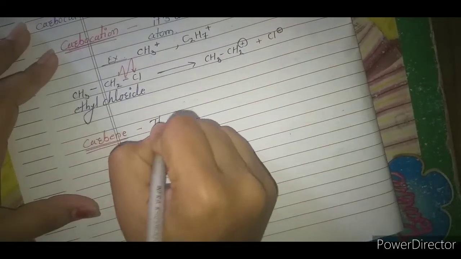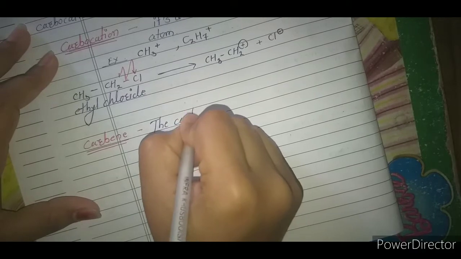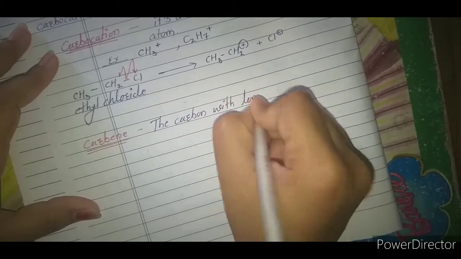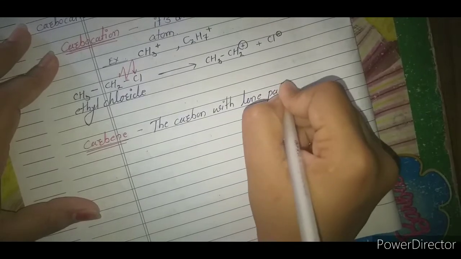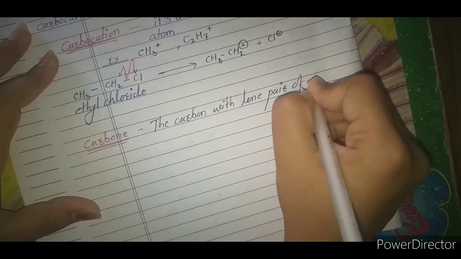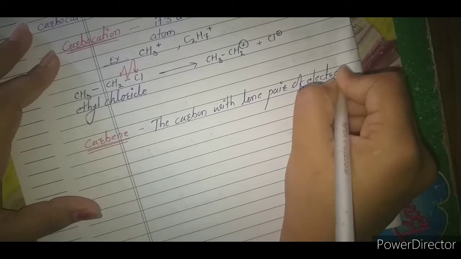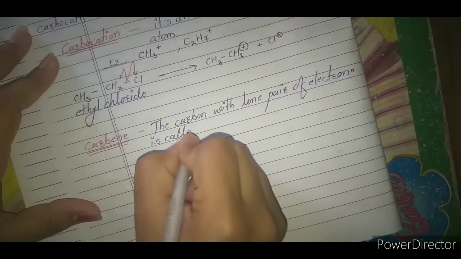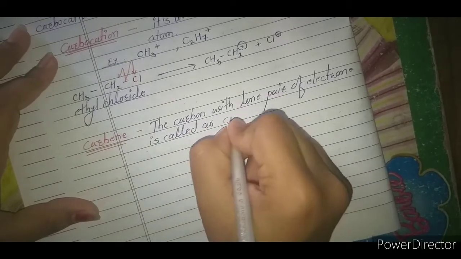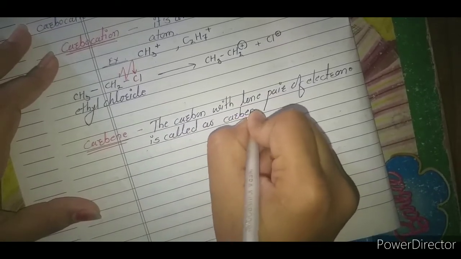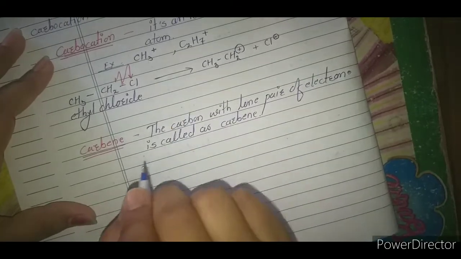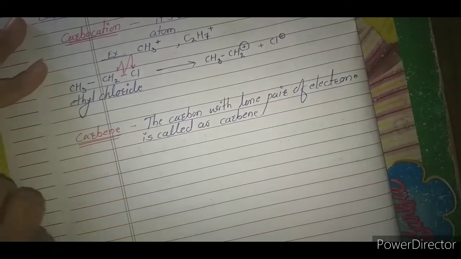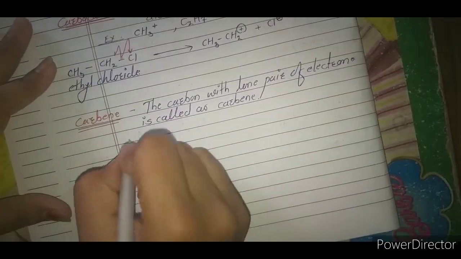The carbon with a lone pair of electrons is called a carbene. So a carbon containing a lone pair of electrons is called a carbene. Okay. So take an example of carbene.